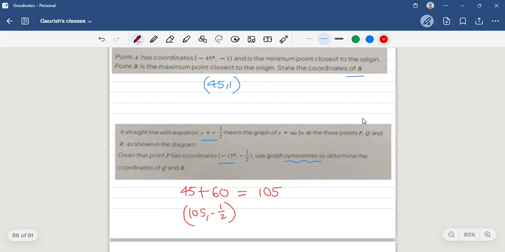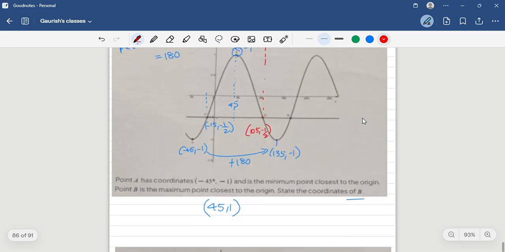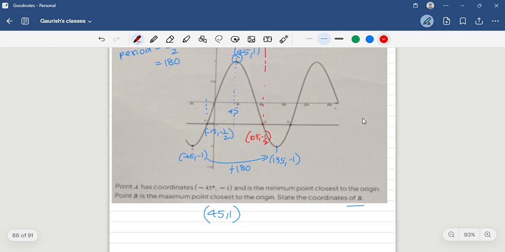Done with this? Okay, and then they are asking for the other one as well. Now for the other one, what we do is find this difference because it is symmetric over this line. Understanding? So 105 to 135, so isn't that a 30? So it will be 135 plus 30, so I'll get this point as 165 comma negative 1 over 2.